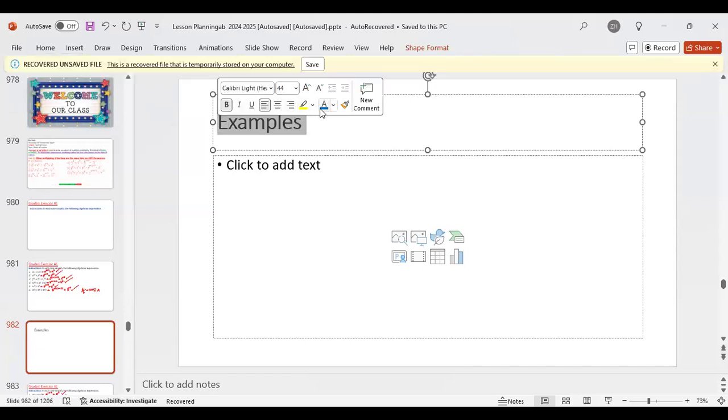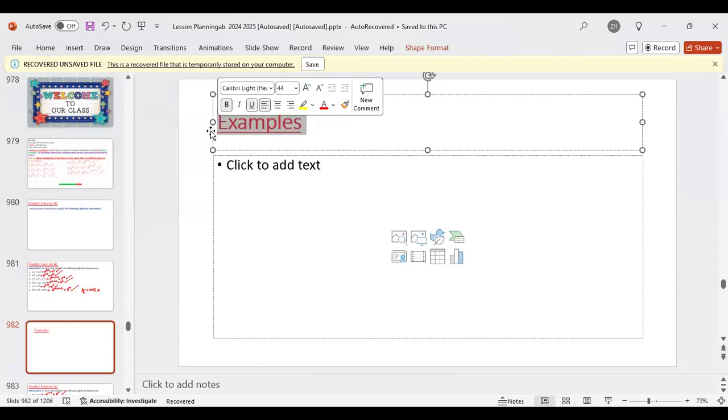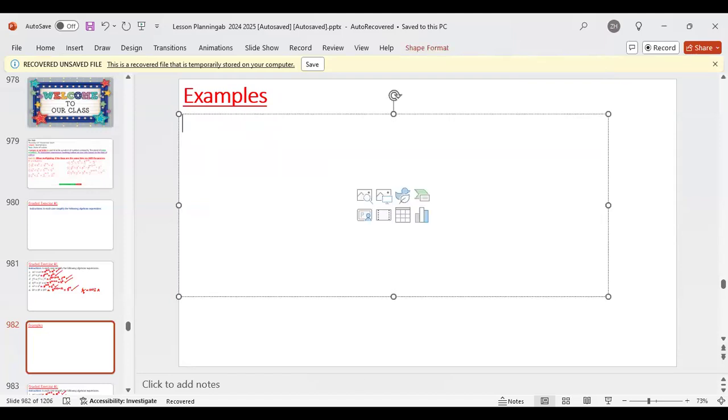So we want to simplify. Instructions: simplify.